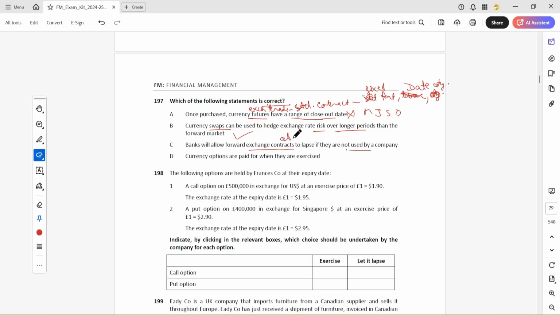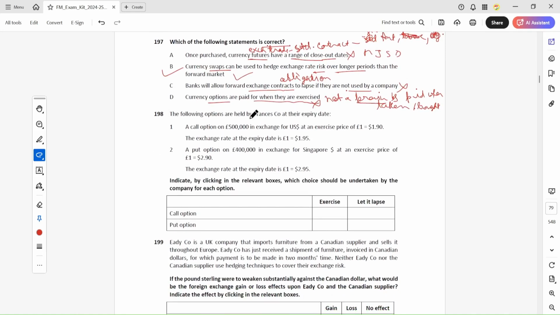No, it's an obligation, not an option. So this is incorrect. Currency options are paid when they are exercised. No, a premium is paid when the option is taken or bought. When you buy, you have to pay the premium upfront. So this is incorrect. So the correct answer is B.